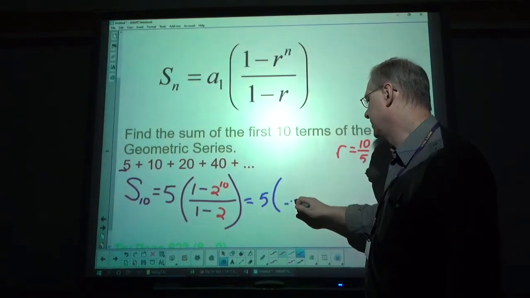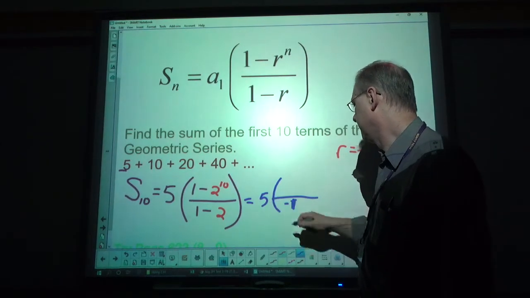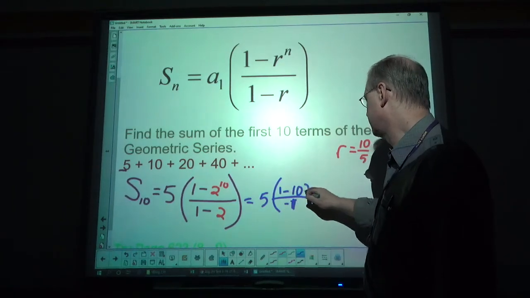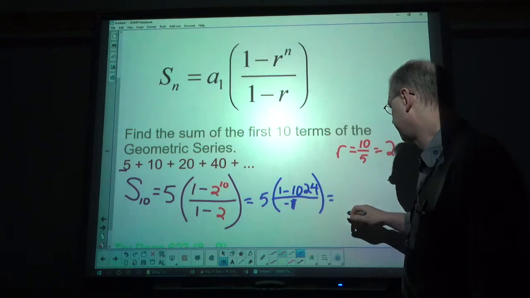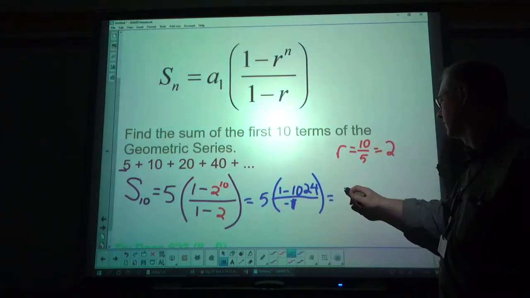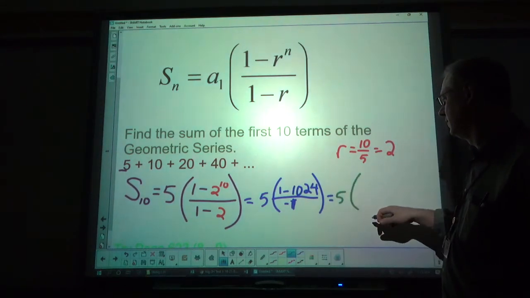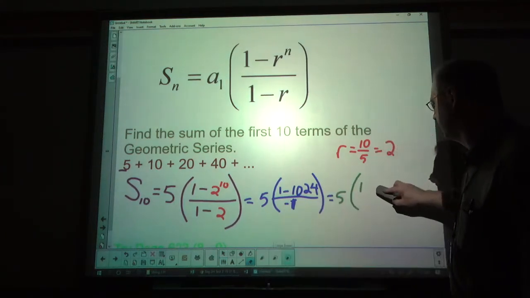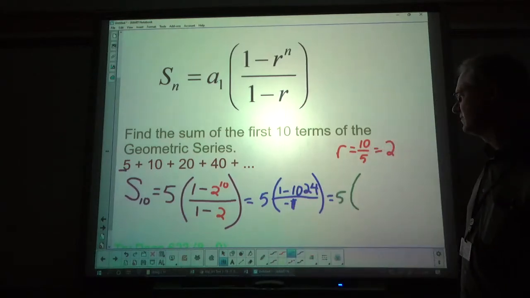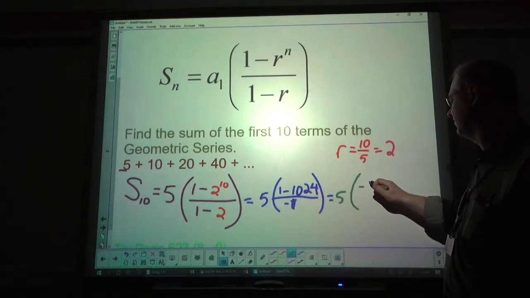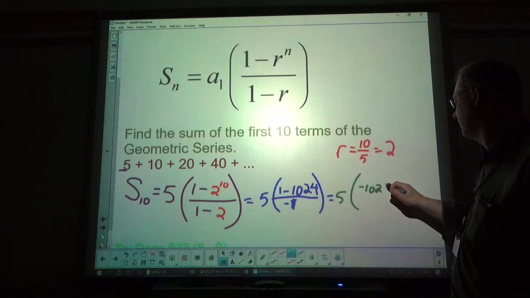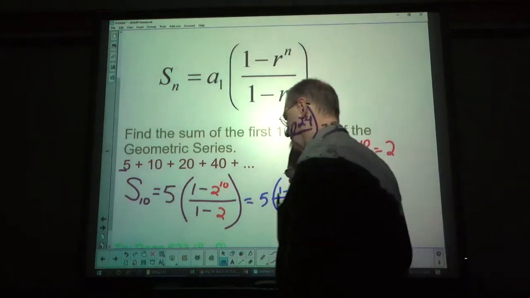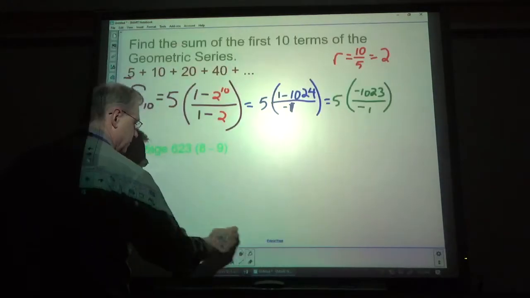1 minus 2 is negative 1. And 1 minus 2 to the 10th is 1 minus 1,024. Oops, let me fix that. 1 minus 1,024 is negative 1,023 over negative 1. I have to move this down a bit.